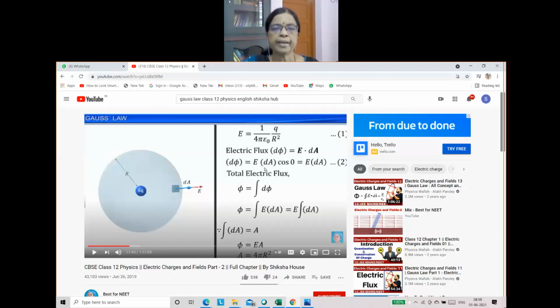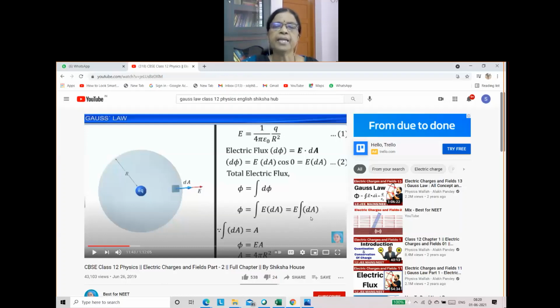Therefore, total flux, how will you find? Integrate the above expression. So phi equal to integrating d phi, we get phi. Then on the right side also you have to integrate, integral E dA. E is same at all points on the Gaussian surface, so it is taken outside the integral: E into integral dA.